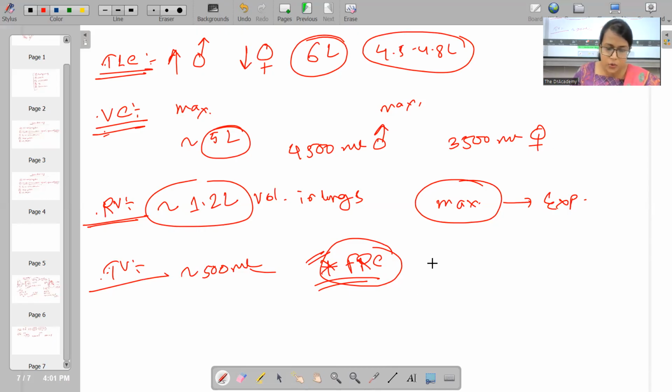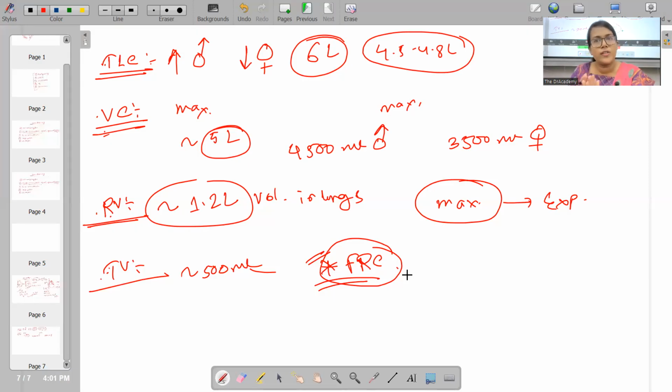Okay, so what is the functional residual capacity? I want you to focus on residual volume here. Residual volume is the volume of air remaining in the lung after a maximum expiration. So functional residual capacity is the volume of air remaining in the lung after taking a normal expiration, that is, after a tidal breath.